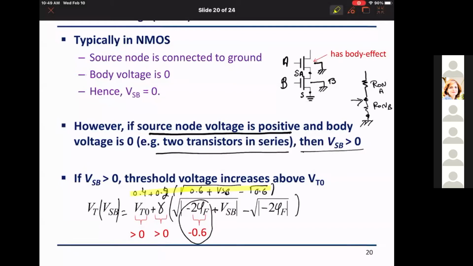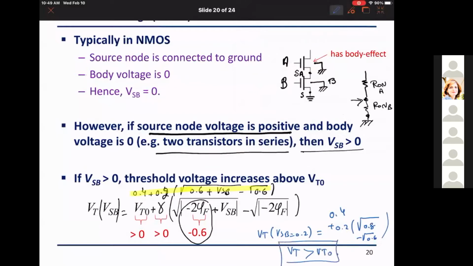Okay, so in this example, we will have VT when VSB equals, for example, 0.2. It is going to be equal to 0.4 plus 0.2 times the square root of 0.6 plus 0.2 is 0.8, minus the square root of 0.6. So we will end up having VT greater than VT0.